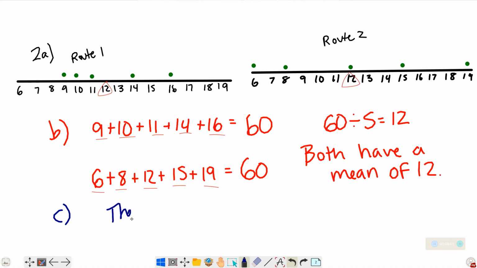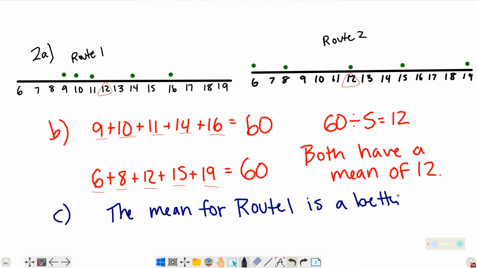The mean for route 1 is a better indicator because there is less variability.